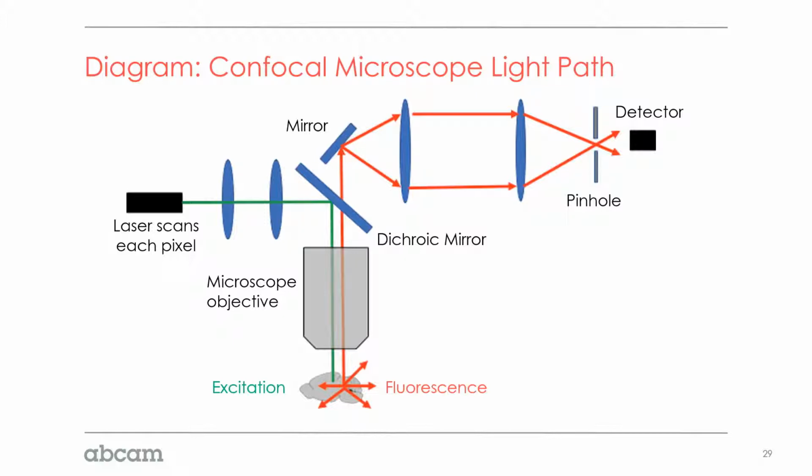But one of the problems with this is that while we're only collecting data from a single, very, very thin plane in our tissue, we're illuminating the entire depth of our tissue. So the fluorophores at the top of our tissue will start to quench way before the fluorophores at the bottom of our tissue.